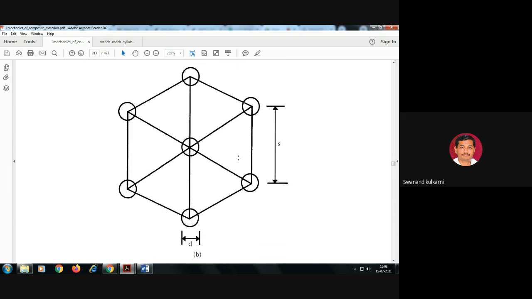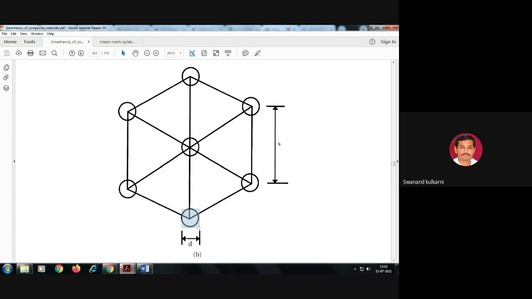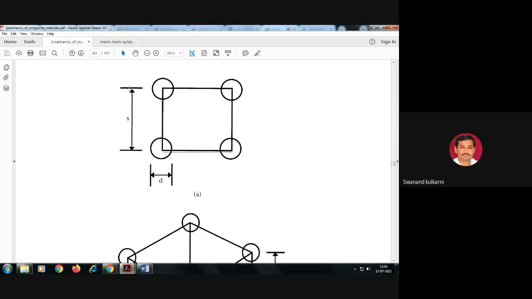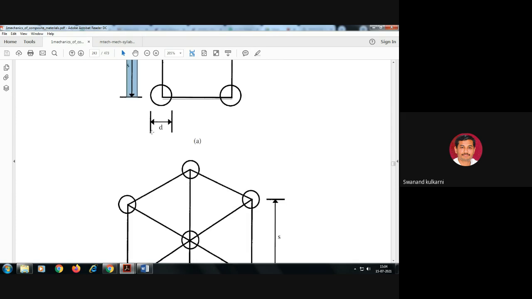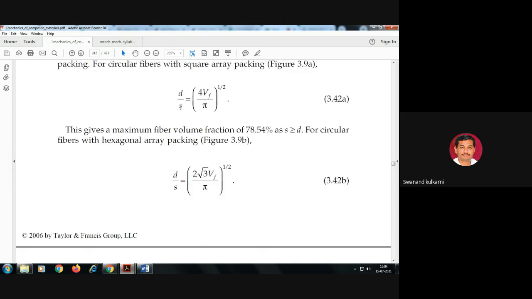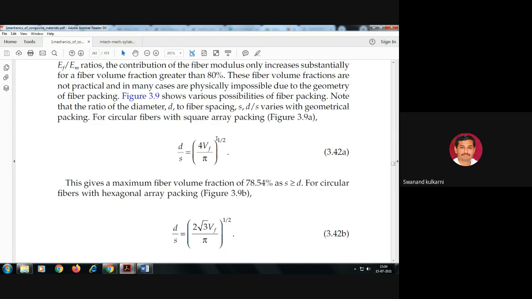Here D is the diameter of the reinforcement particle, and S is the space between two reinforcement particles. Then by considering D as the diameter, S as the space between them, and VF as the volume fraction, here we can identify the volume fraction VF.